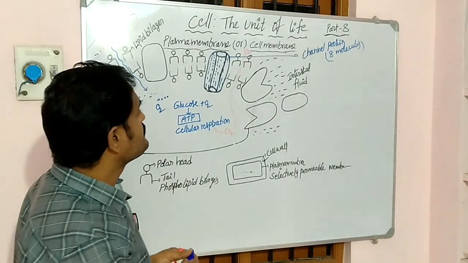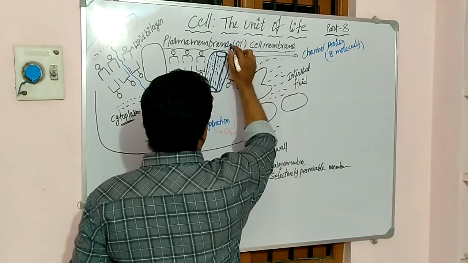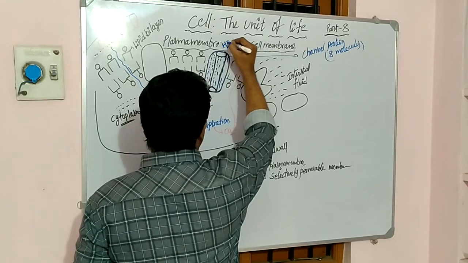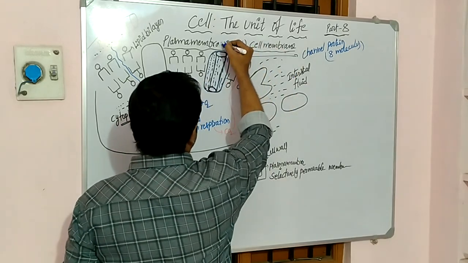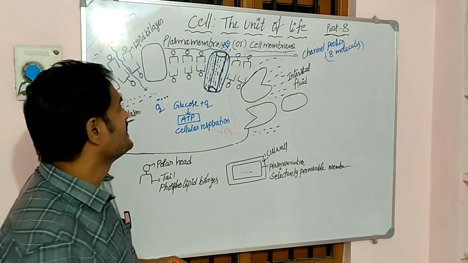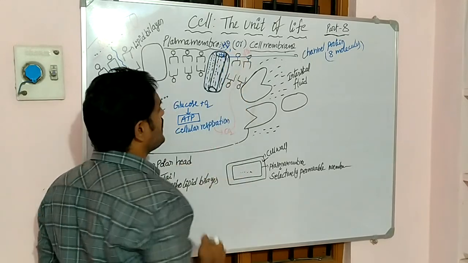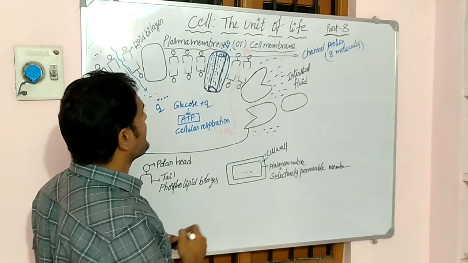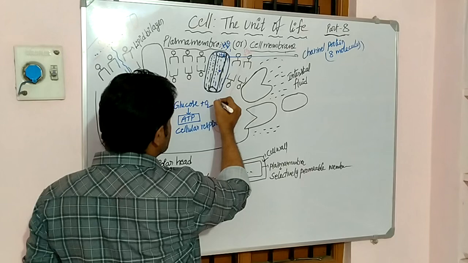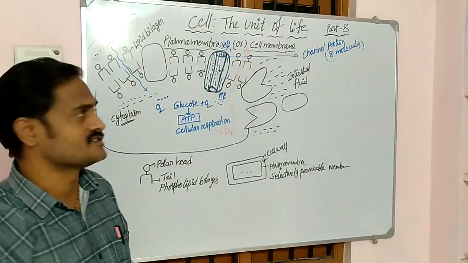For suppose, if the cell requires water, H2O, the H2O which is present in the interstitial fluid enters into the channel protein. Then from the channel protein, the water reaches into the inside of the cytoplasm.